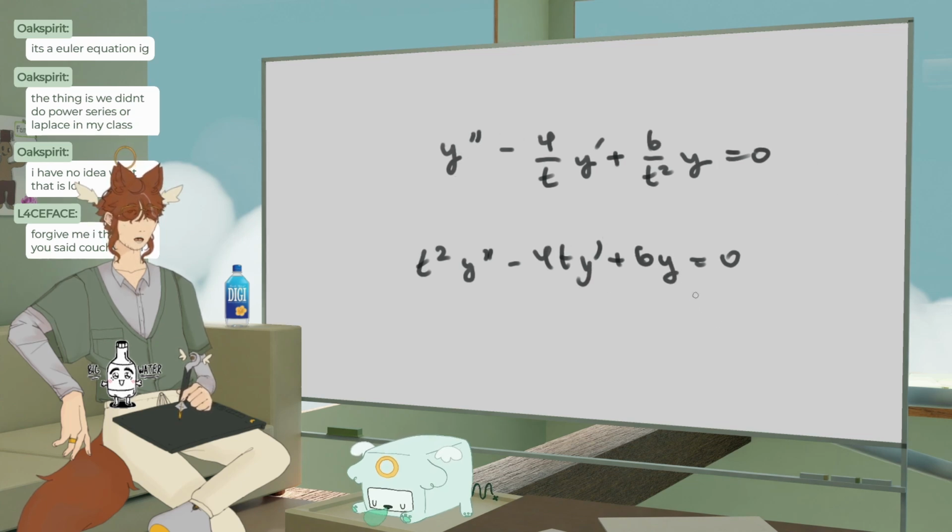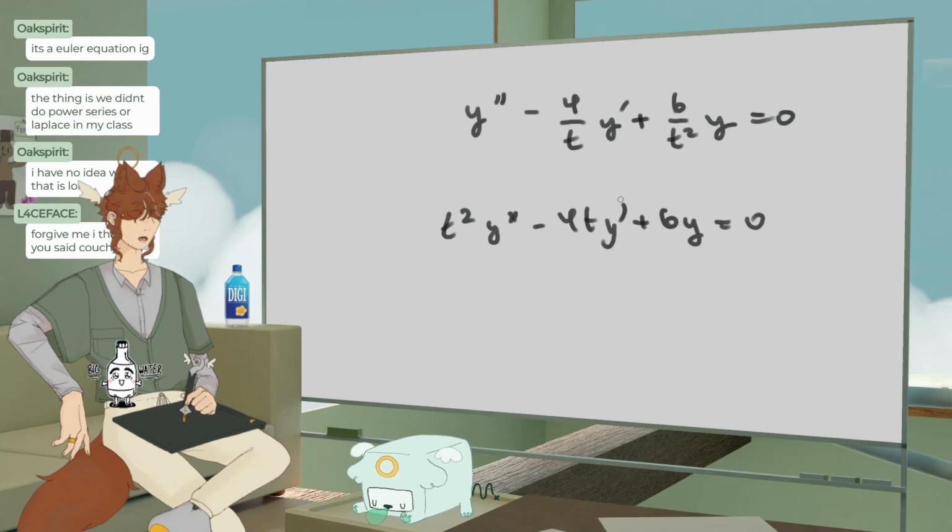Okay, so Frobenius theory is an extension of power series theory. I thought you said Cauchy-Euler. Yeah, pretty much. It's an extension of power series theory, essentially. It's like the general form.